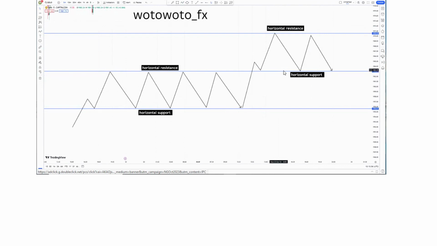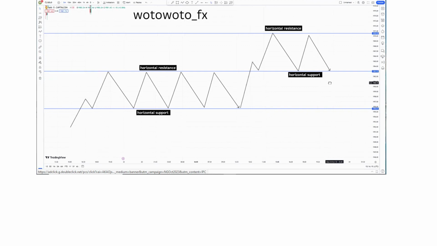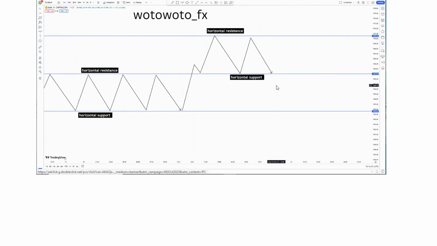Whenever it comes back, it's testing it as a new support level. New support level, meaning that it broke the resistance, and came back and tapped on that former resistance, which is now called support. So this is exactly how we can say that resistance and support levels can be identified.